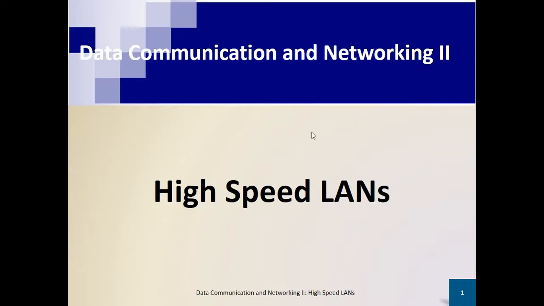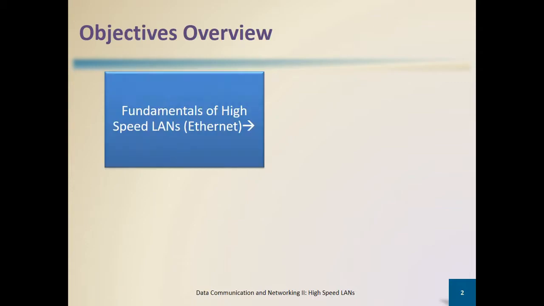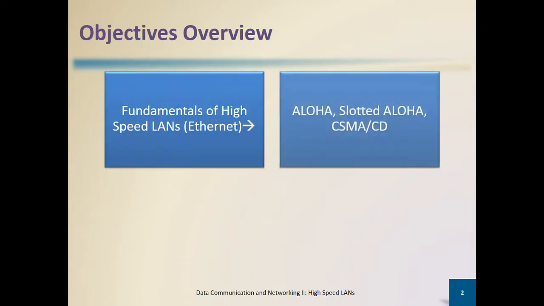Within the objectives, let's see what we're going to be looking at. Some of the key objectives, obviously fundamentals is always important for high-speed LANs, starting from the Ethernet point of view.